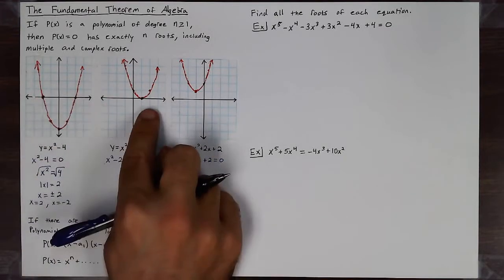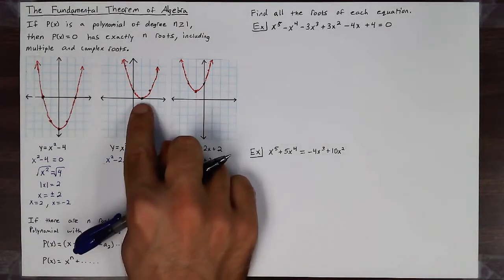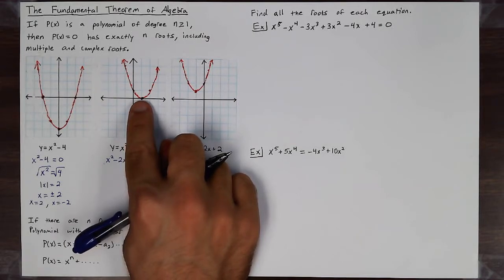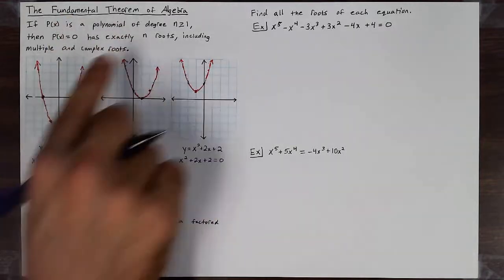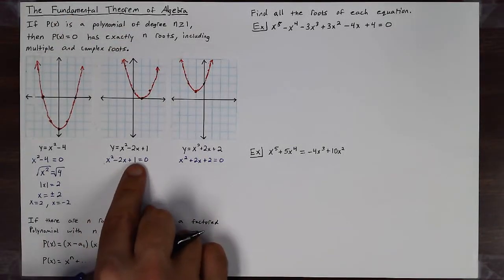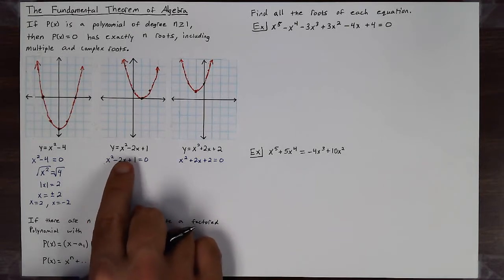But sometimes you can't get it just from the graph. This one only crosses it once, touches it once, and this one doesn't cross the x-axis at all. But apparently there are still two solutions. So here, if I were to solve this equation, x squared minus 2x plus 1, this is a perfect square trinomial.